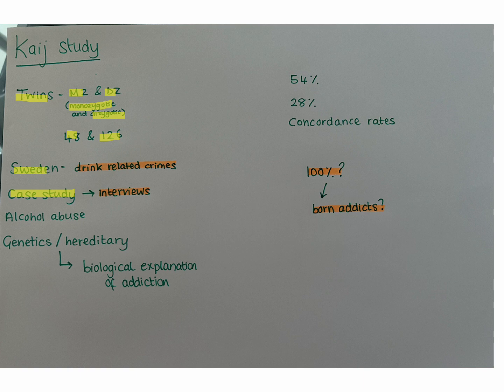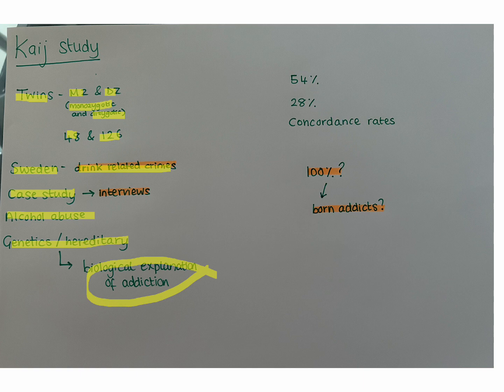They were all from Sweden and they were identified because they'd all been linked to drink-related crimes. And the study was concerning alcohol abuse, alcohol addiction, and whether it is genetic or hereditary. So the study itself supports and acts as biological explanations of addiction, showing that it is hereditary.